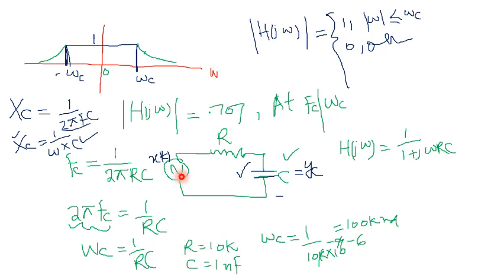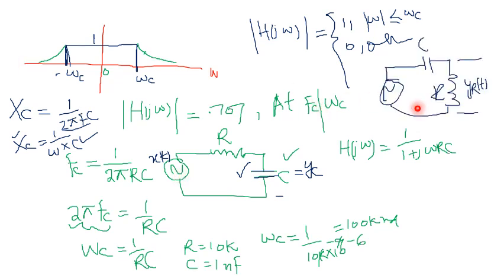Similarly, if I make the high pass filter, it will only require swapping the positions of C and R. I have replaced R with C. So now we are taking output from R and C is here. When the frequency is 0, all the voltage will be dropped across C, and there will be no voltage across R. So that's why the magnitude response for the high pass filter will be something like this.